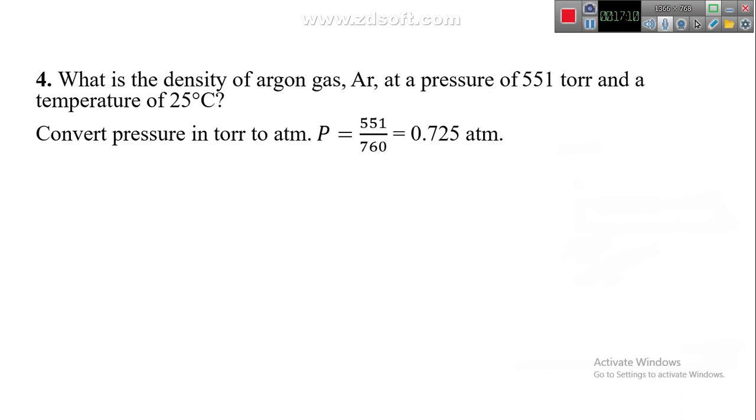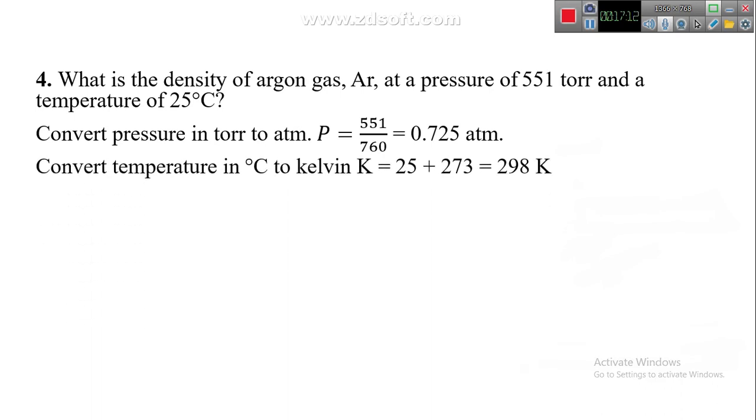And then we must convert the temperature in Celsius degrees to Kelvin, because this is the standard. 25 Celsius degrees given in the question plus 273, the answer is 298 Kelvin.